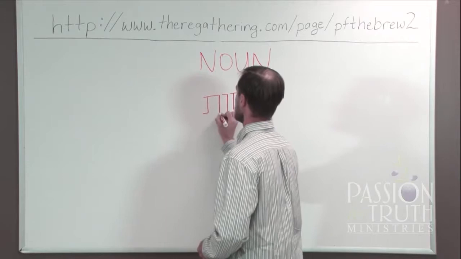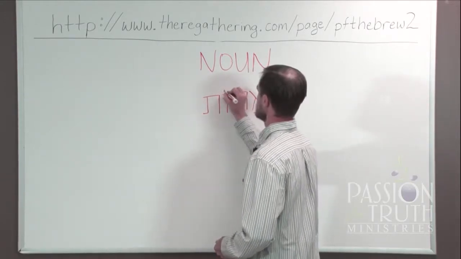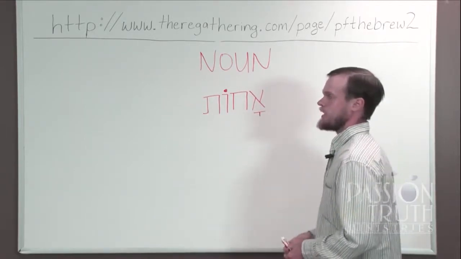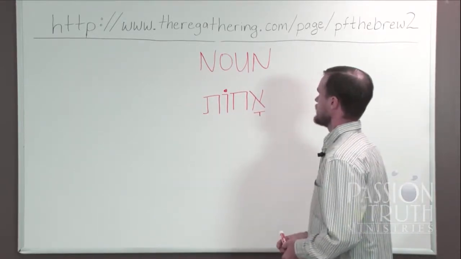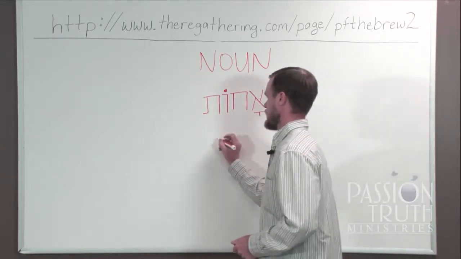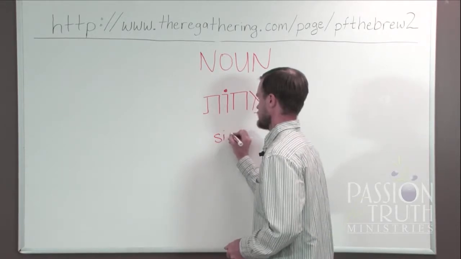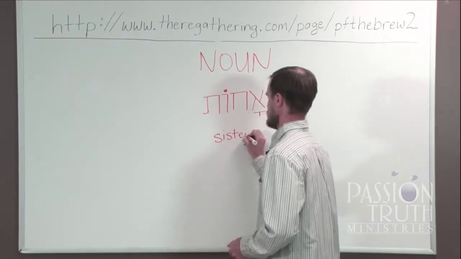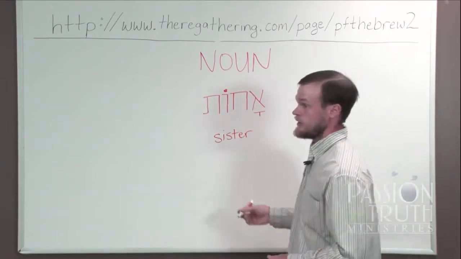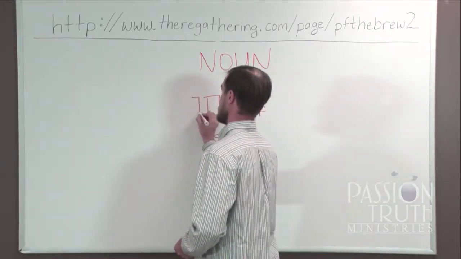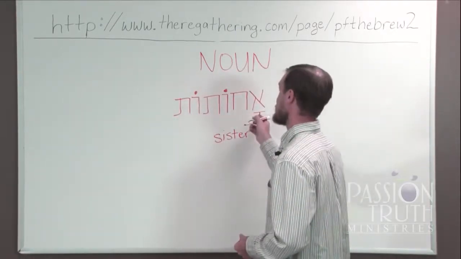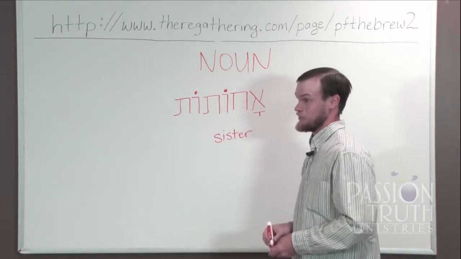Achot is not feminine brothers. Achot means sister, but it means just one sister. If you wish to make achot plural, you'll add the feminine suffix to it, and it will become achotot. So it looks like a plural word, but it is in fact a singular word.